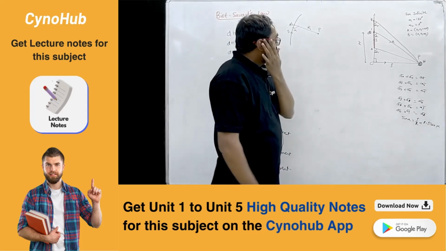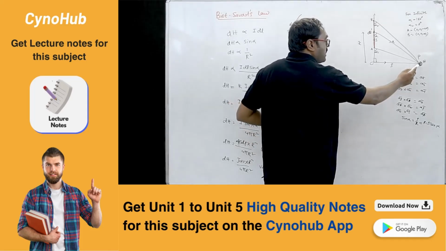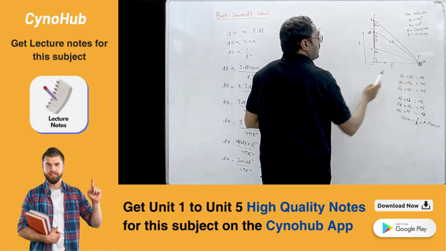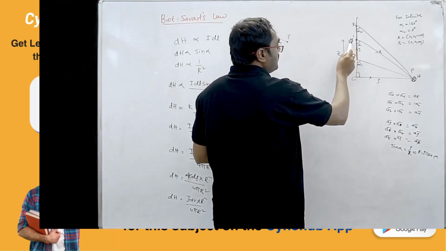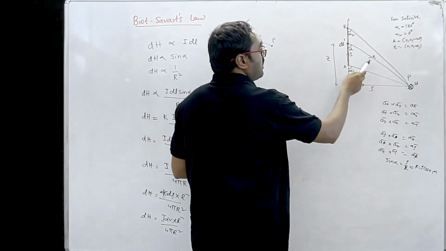For that we have the point P, and we have to find the magnetic field intensity at this point. We take the current element as I dl dash, and the distance is r.